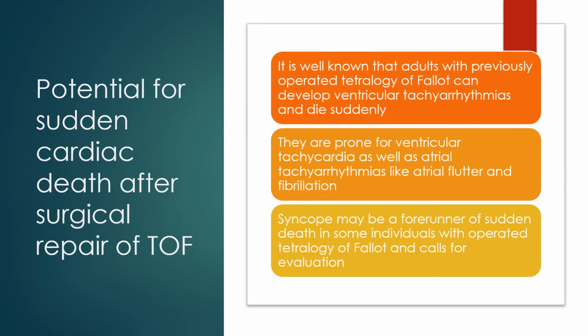It is well known that adults with previously operated tetralogy of Fallot can develop ventricular tachyarrhythmias and die suddenly. They are prone to ventricular tachycardia as well as atrial tachyarrhythmias like atrial flutter and fibrillation. Syncope may be a forerunner of sudden death in some individuals with operated tetralogy of Fallot and calls for evaluation.